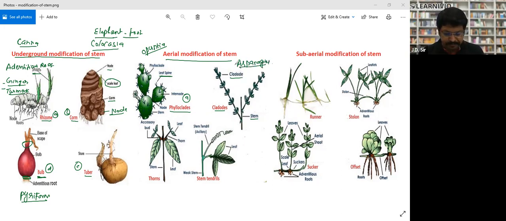Please note it down. They are green stems with limited growth, which take over the function of photosynthesis from leaves.